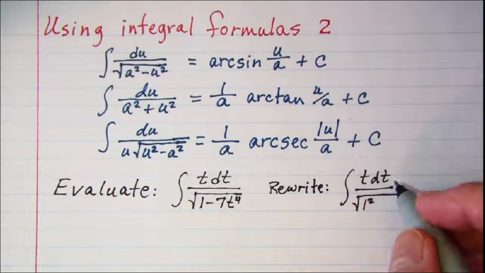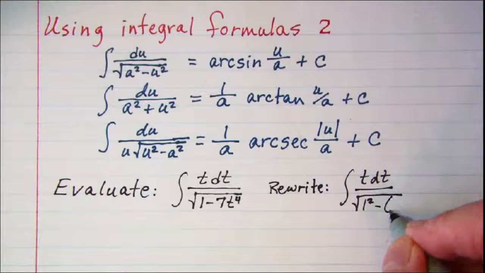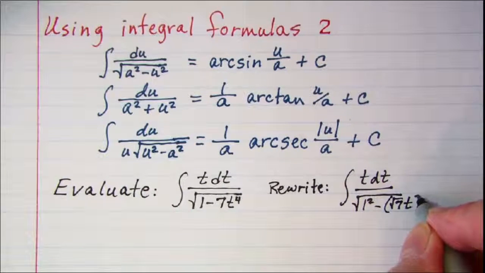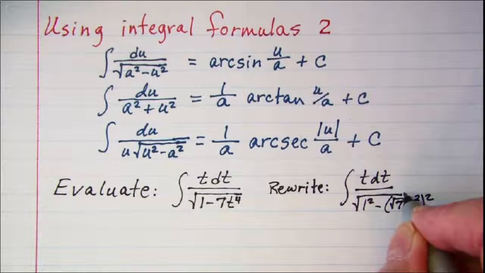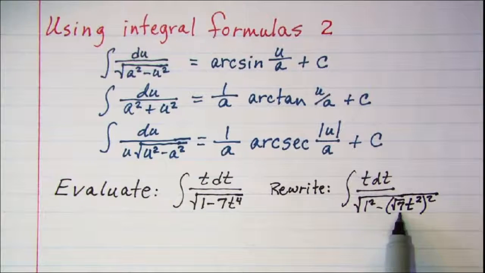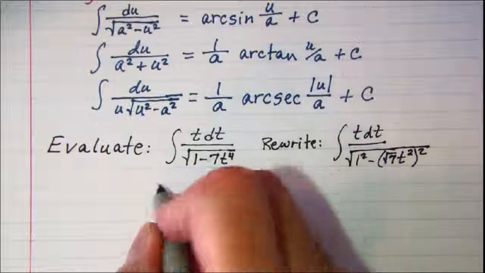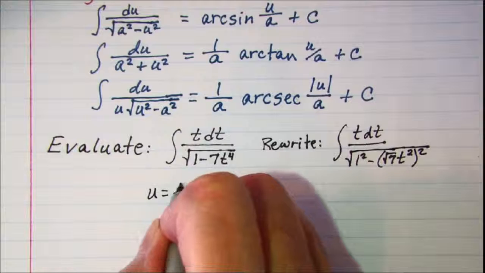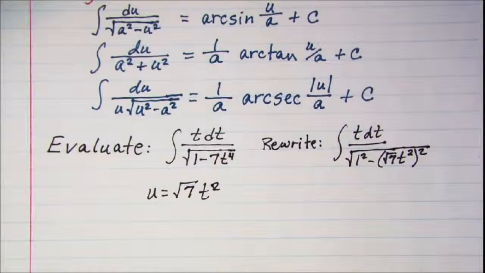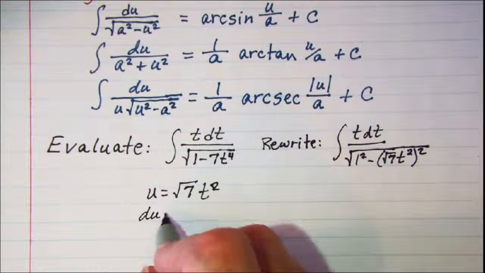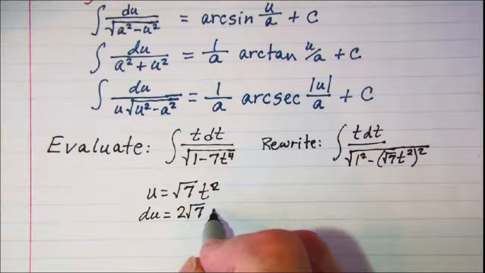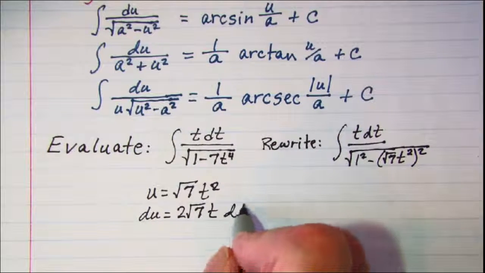So this will be the square root of 7 t squared quantity squared. So I'll let u be my root 7 t squared. So du is equal to 2 square roots of 7 t dt.